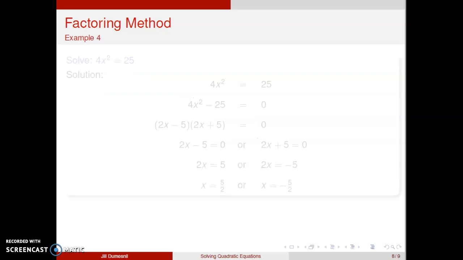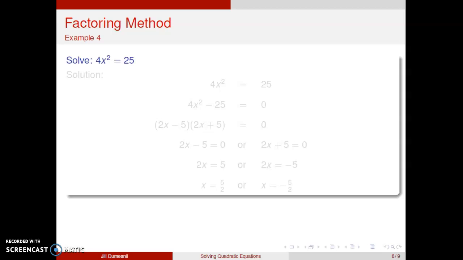Now let's consider quadratic equations that are not in standard form. Solve the equation 4x squared equals 25. Although this problem looks different from our previous examples, we can make it look familiar by putting the quadratic in standard form. We subtract 25 from both sides, and now the left-hand side is a difference of squares.